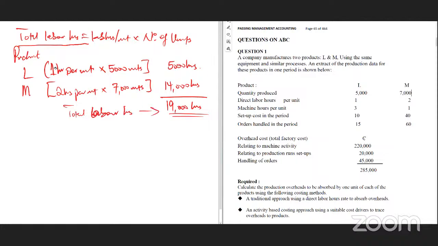Okay. So now we can get our OAR used under traditional costing to be 285,000 Ghana cedis all over our 19,000 labor hours, not so.